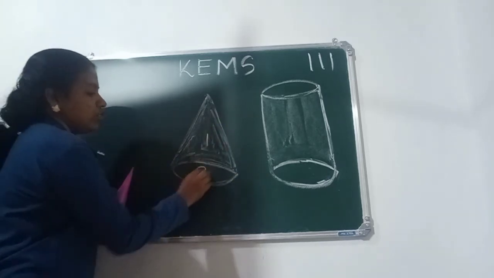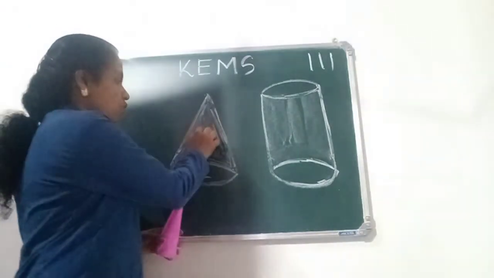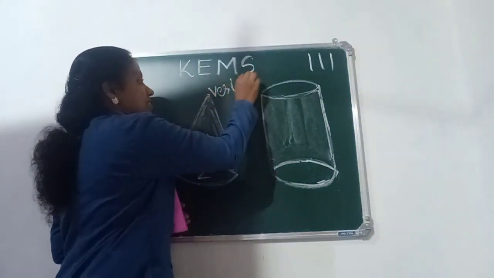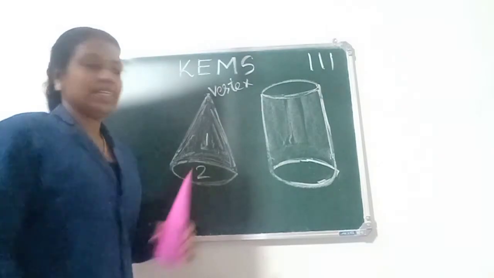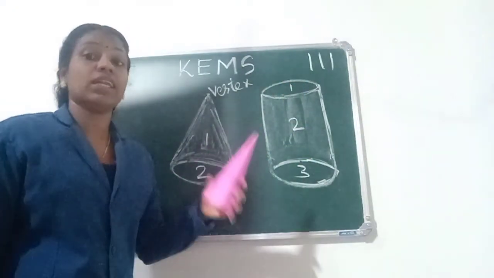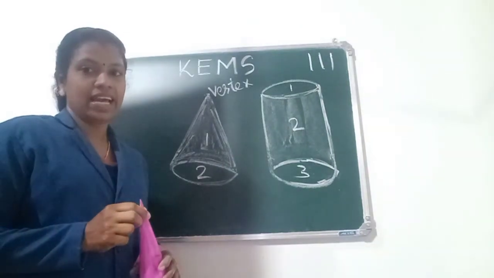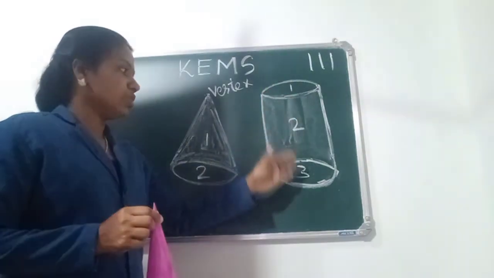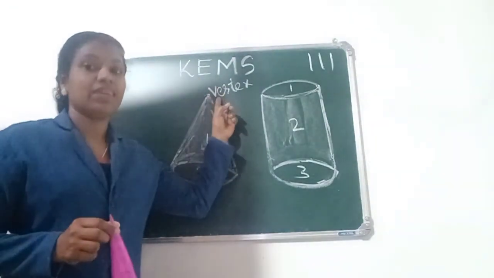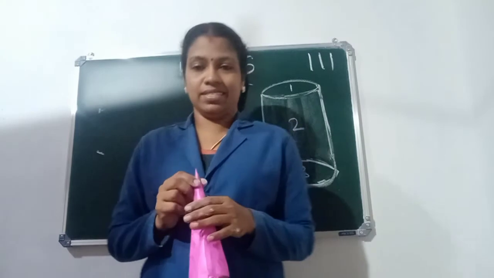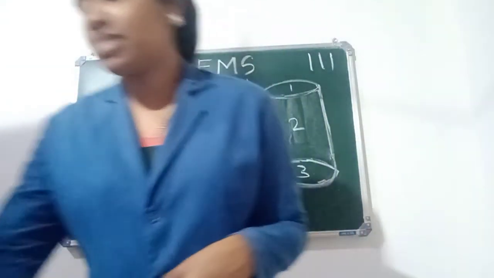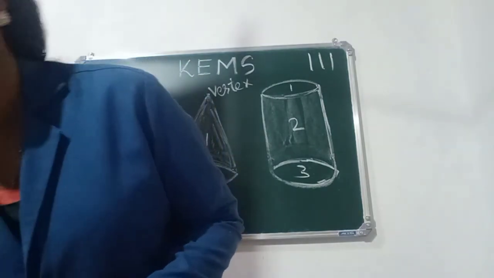So total two faces. A cone has 2 faces and this is the vertex. Cylinder has 1, 2, 3 faces. Total 3 faces. Cone has only two faces and one vertex. Okay, clear?